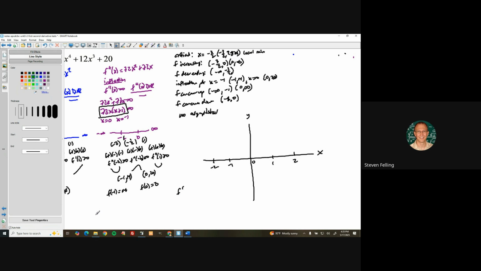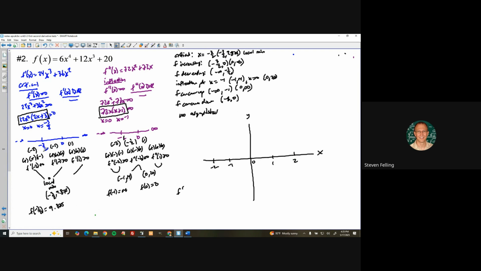Okay, for the first derivative, we know that that breaks at -3/2, which is -1.5. And the function is decreasing here. It could have had a break at 0, but this was increasing and continued to increase. The second derivative, that broke at -1 and 0, and this was concave up there, concave down there, concave up there.